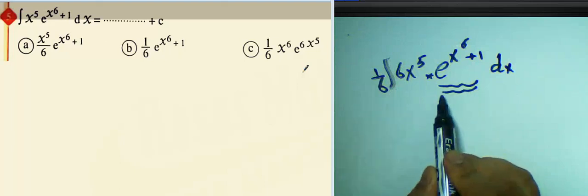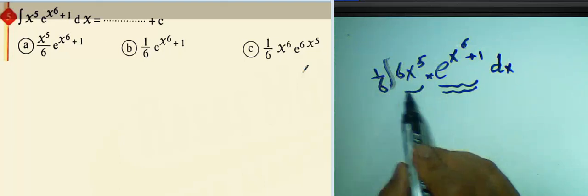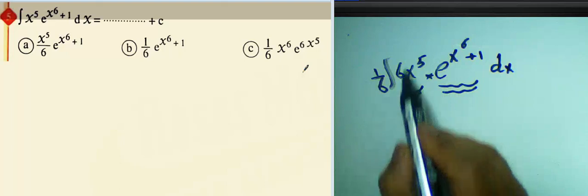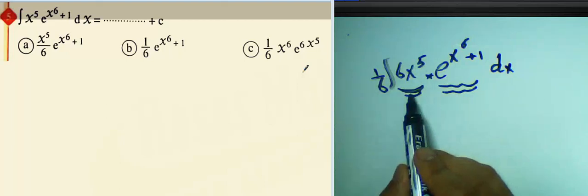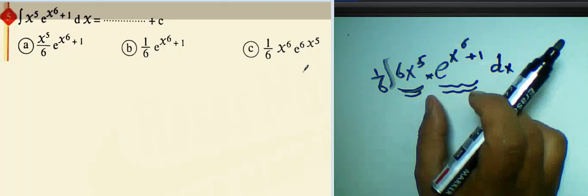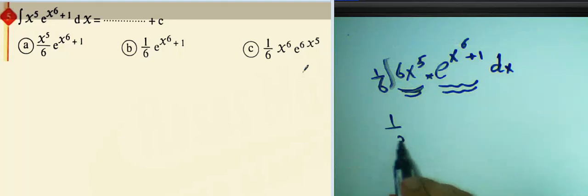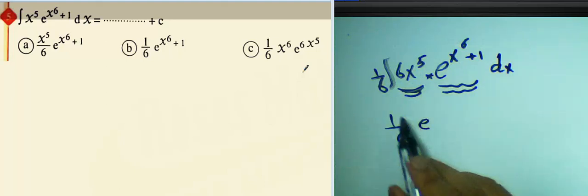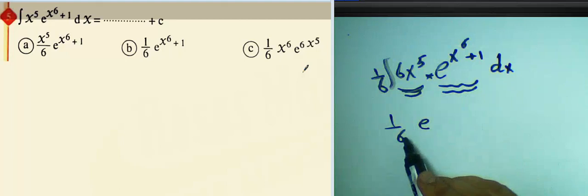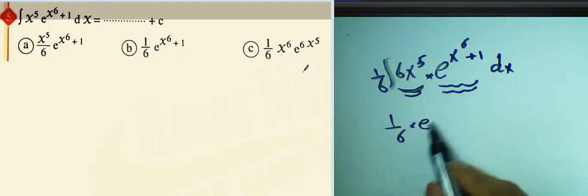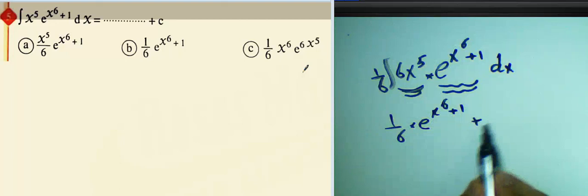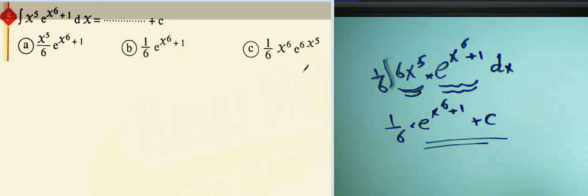We have this function and the derivative of the power behind it. Then you can cancel this derivative and write the function plus constant, and 1 over 6 outside. Then the integration of this function will be 1 over 6 multiplied by e power x power 6 plus 1 plus constant. Choose letter B.